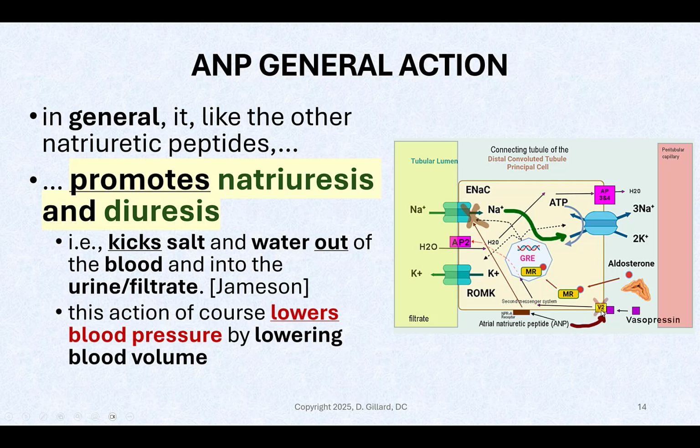So ANP binds to the V2 receptor and blocks the function of vasopressin, as has been demonstrated in laboratory experiments before. Remember what vasopressin does. That's the water, bring in the water hormone, also known as antidiuretic hormone or arginine vasopressin. So if you block that, you're not going to get aquaporin 2 channels implanted into the apical membrane of the principal cell.